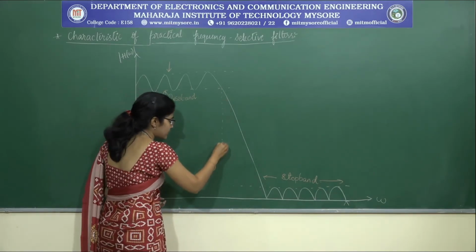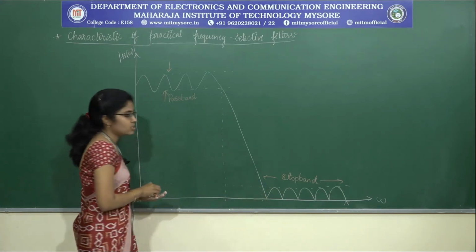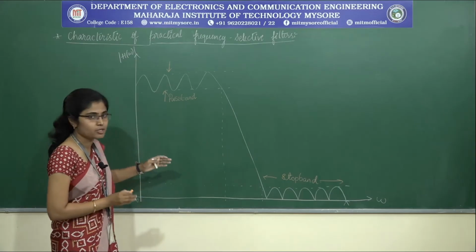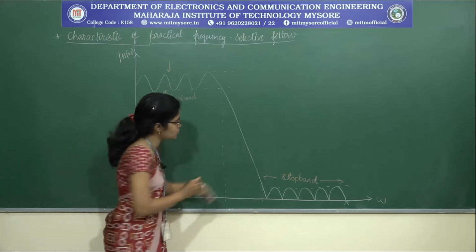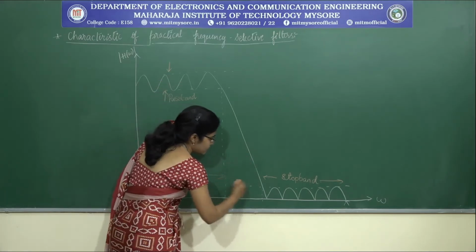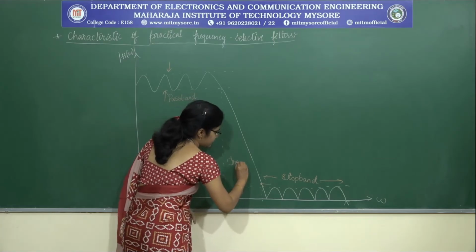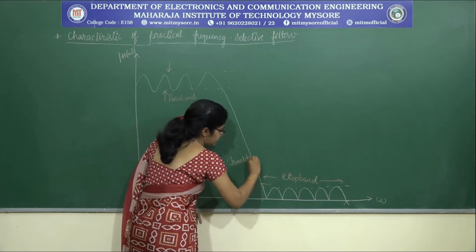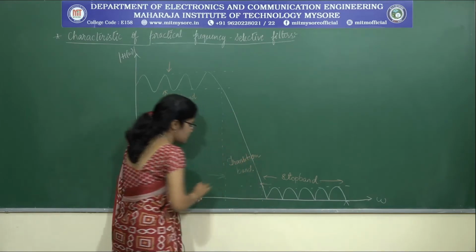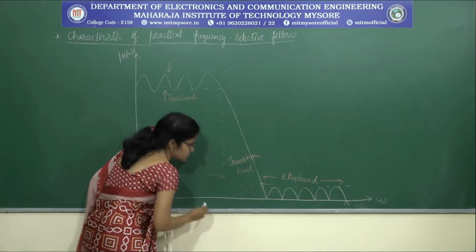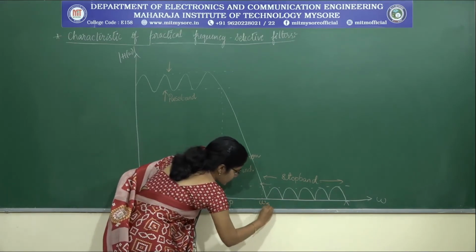If I try to find the transition band, it is the region where we fall from pass band to stop band, and this region is called the transition band, or transition region. So this is the frequency omega p and this is omega s.